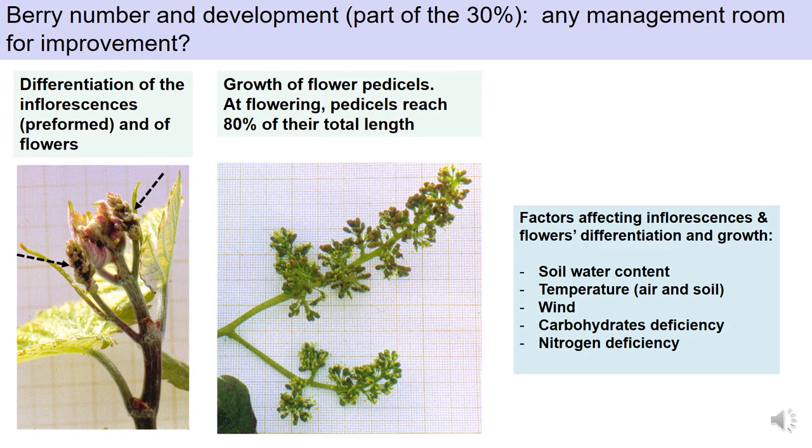Obviously, for water, nitrogen, and minerals, the roots are providing, if available, those elements, but the leaves are not functional. They are functional, but they are sink and not source. And this is why the carbohydrate reserves are very important.